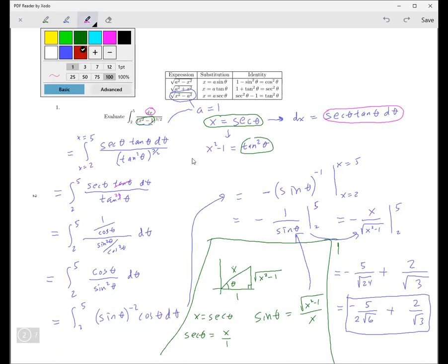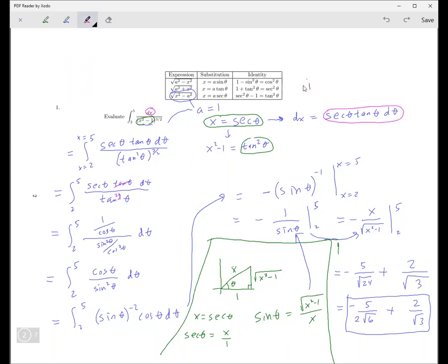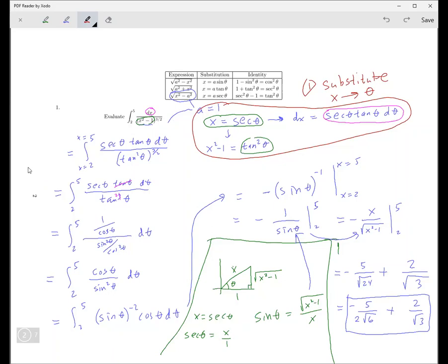So let's look at an outline of what happened, okay? Number one, substitute. So our variable changed from integrating in x to integrating in theta. Number two, integrate.